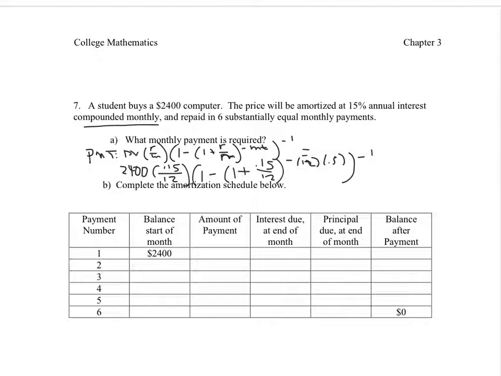You want to start by taking 0.15, divide it by 12, and you're going to have that number plus 1. And you should have 1.0125. Okay? Now, remember, that's got to be raised to the negative, and then we're going to multiply 12 times 0.5 for our exponent.